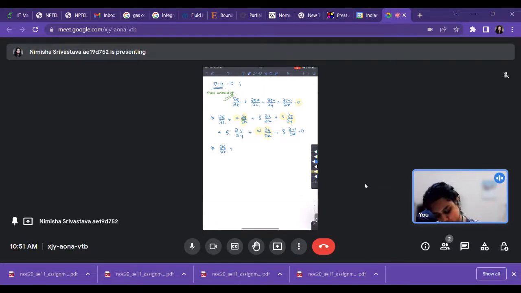So I'm able to instantly write down the flow velocity. Should I write it as a capital V, or stick to U? I should stick to U because that's what the question has asked me to do. So my flow velocity U is equal to u i cap plus v j cap plus w k cap.